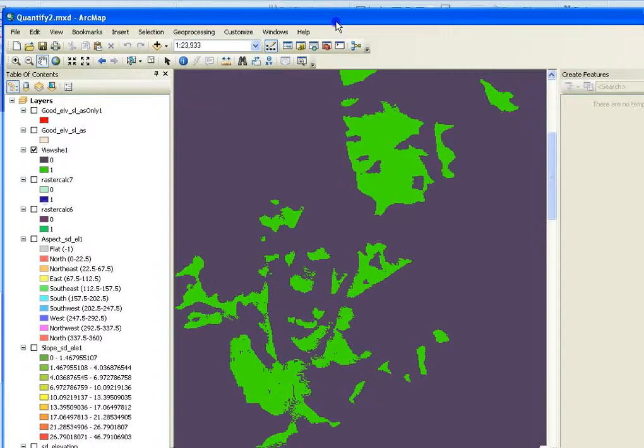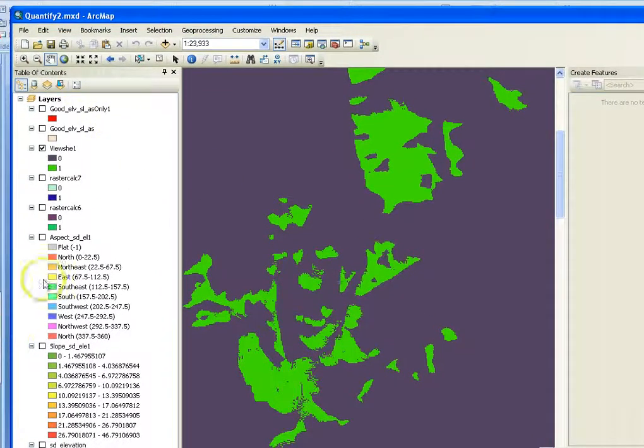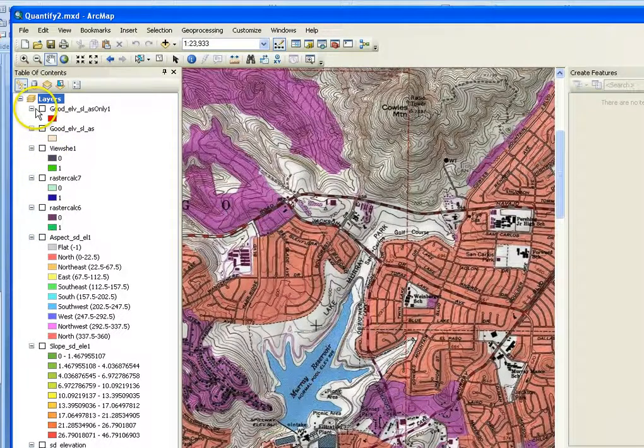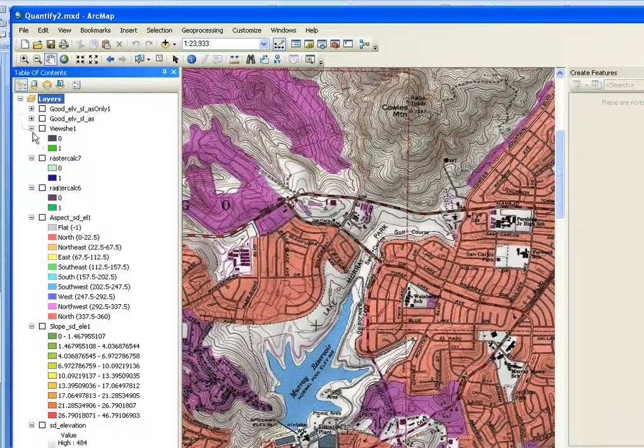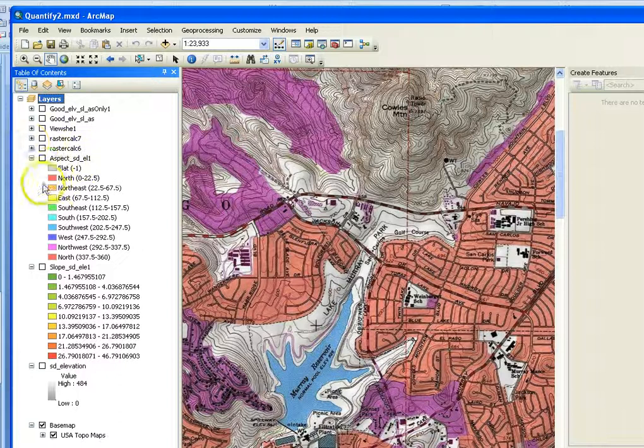With the quantifying lab, you start out with aspect and slope, and you run some raster calculator expressions that say I just want slope that meets some criteria.